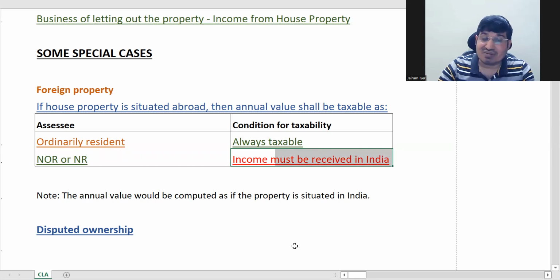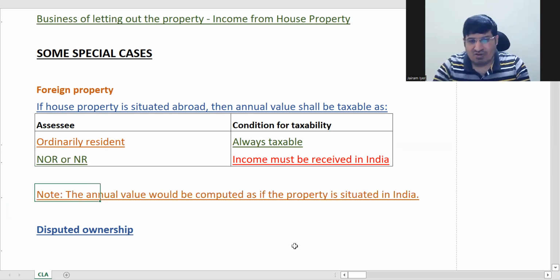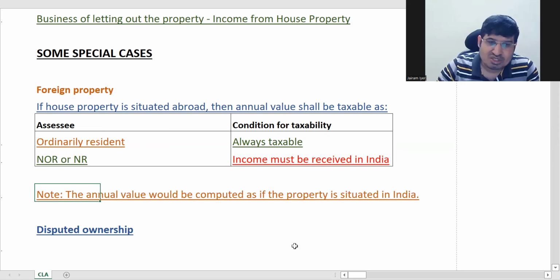In that table you can see, it is fully based on that table. For OR, it is always taxable. You can remember this. Property abroad: for NOR and NR, it is not taxable unless income is received in India. Now, annual value would be computed as if the property is situated in India.